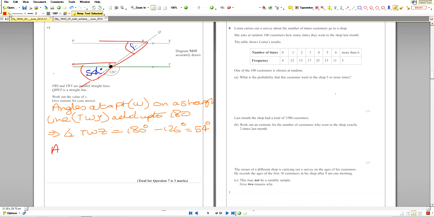Okay, let's change to a blue. We can delete that. So we say angle TWZ corresponds with angle X, i.e. corresponding angles are equal.